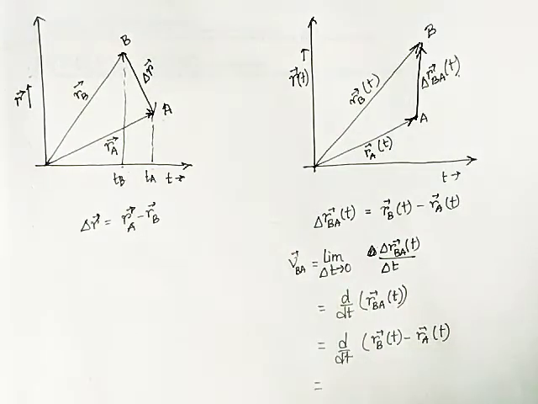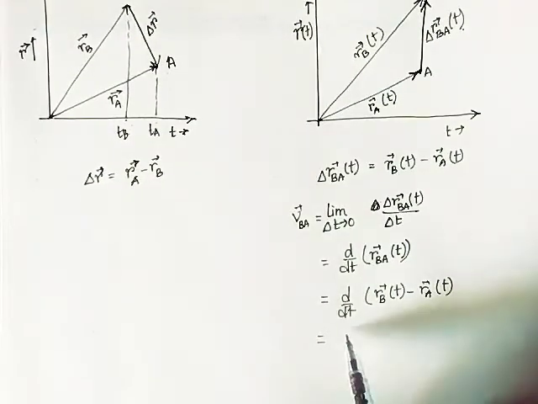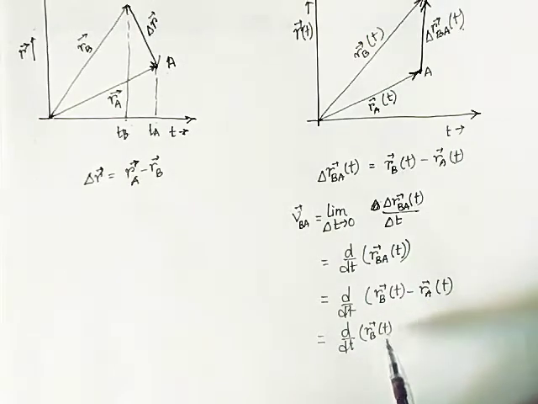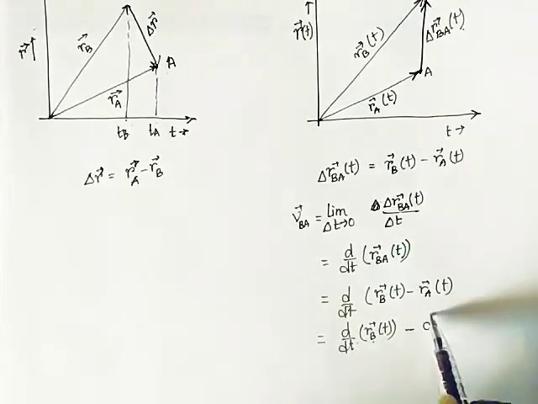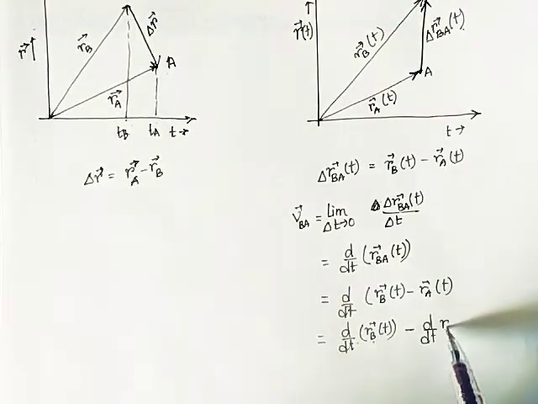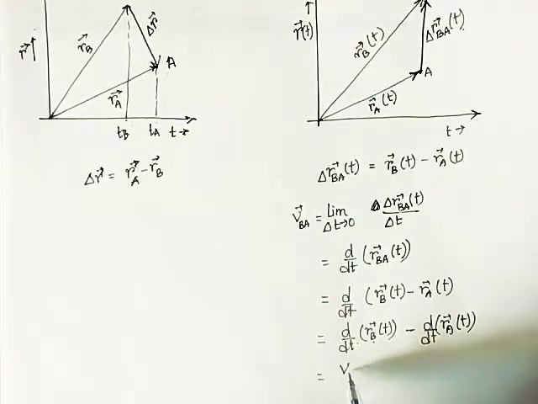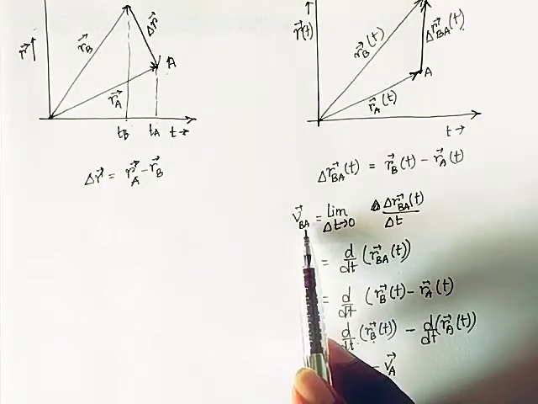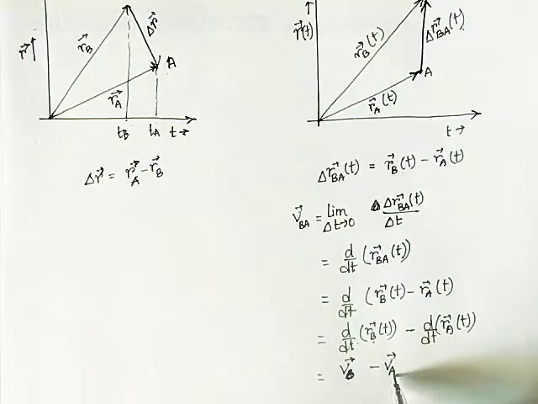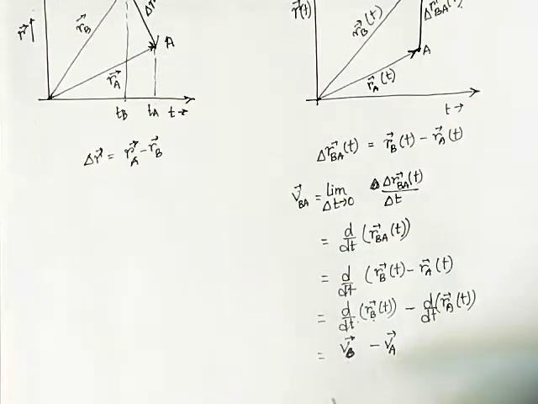If I differentiate these separately, it will be d/dt of RB(t) minus d/dt of RA(t). So this is the velocity of particle B minus the velocity of particle A. This represents the velocity of particle B with respect to A. So that will be VB minus VA, and this is called the relative velocity.